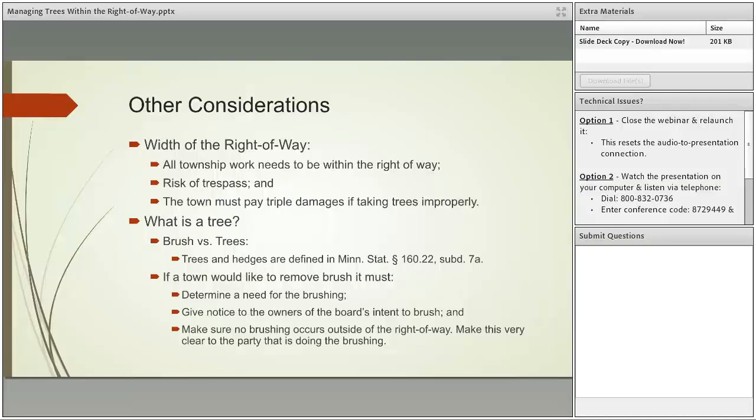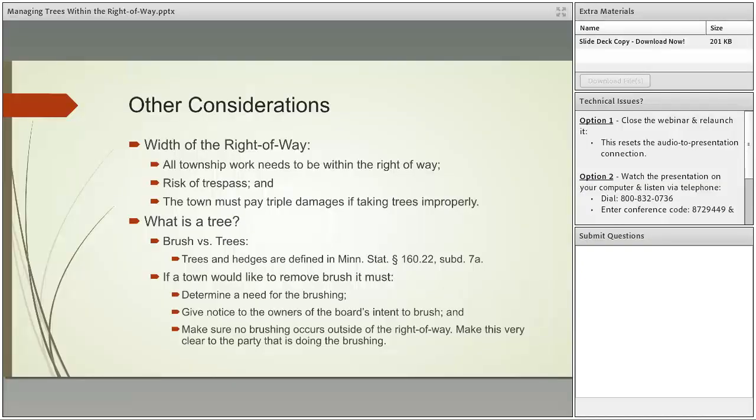And a hedge would mean any planted or maintained hedge within the right-of-way. Because of this, the definition is really broad. Trees are a little more defined, but Minnesota law regarding trees and working within the right-of-way uses these terms interchangeably.